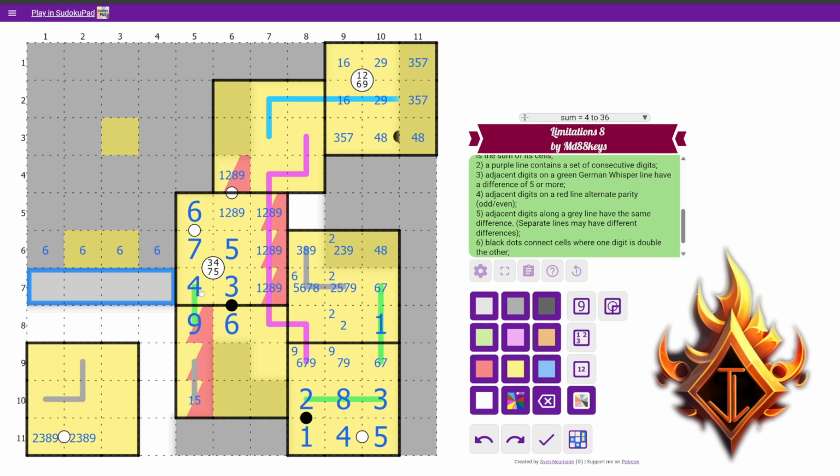What about this row? 1, 2, 3, 4, 5, 6. It has all numbers as possibilities. So not sure about that either. 1, 2, 8, 9. It will be on this pink. Well, this red digit, this one, cannot be on a pink anywhere.